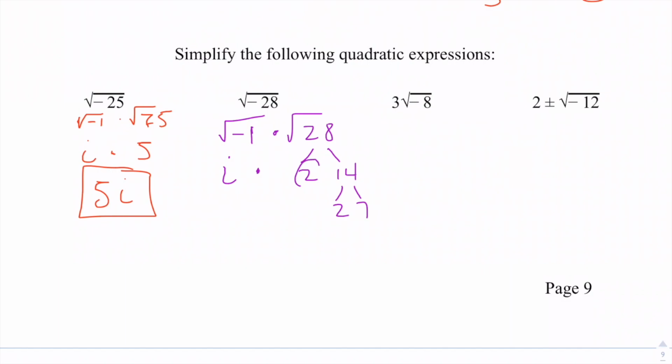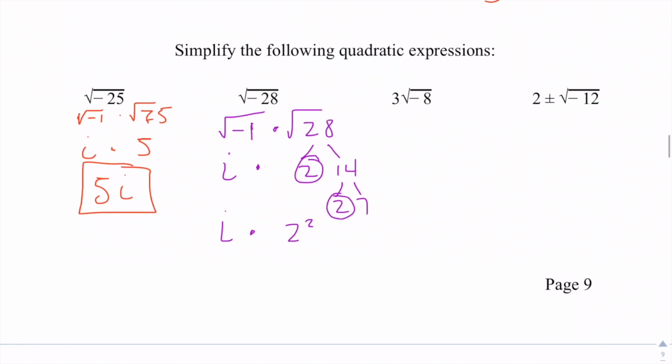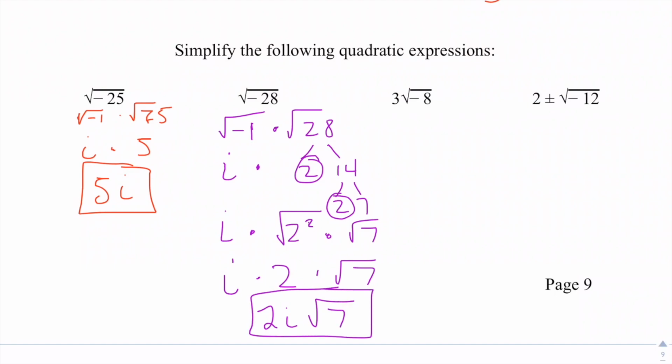And then my pairs, I have a pair of 2s, so I get i times the square root of 2 squared times the square root of 7. The square root and the square on this 2 cancel, so that gives me i times 2 times the square root of 7. And to clean it up and write it in correct fashion, the 2 goes before the i, so I would have 2i square root of 7, and that would be my solution to this one.